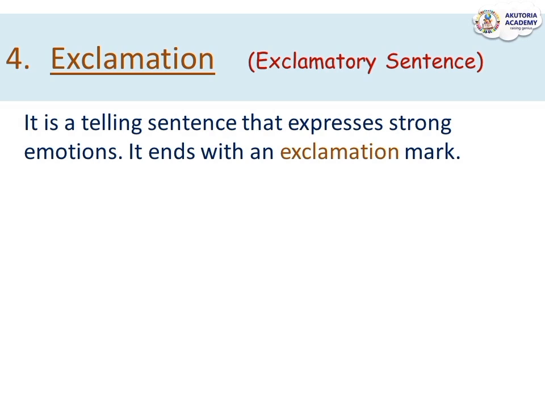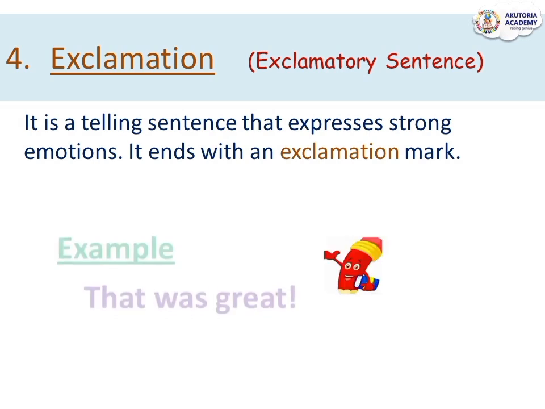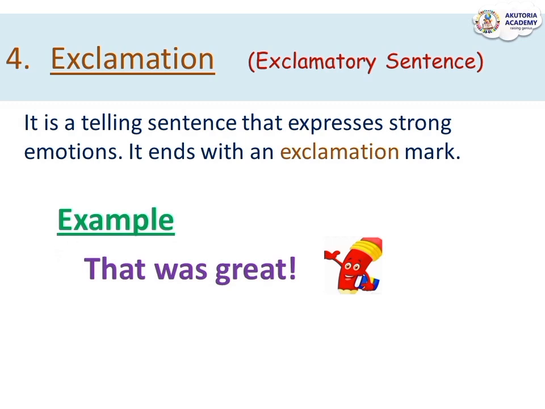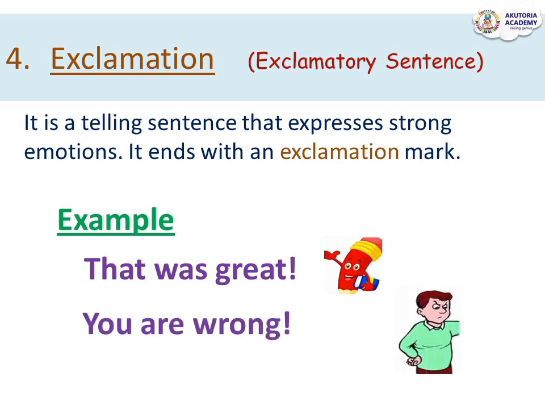Exclamatory sentence. Let's see this example. That was great! This is an exclamatory sentence. From this sentence, you can tell that the person should be very happy. Let's see another example.